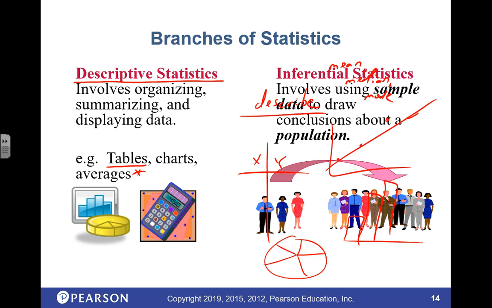Oops, now I got that writing on top of my other definition. So inferential statistics, we sample data, and from that, we try to draw conclusions. We're trying to make an inference.